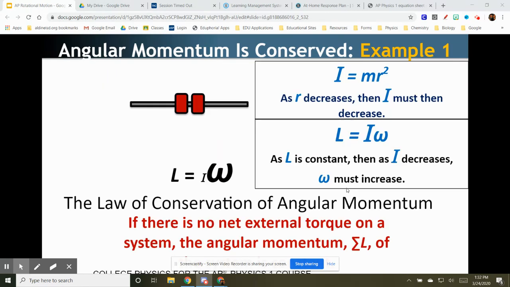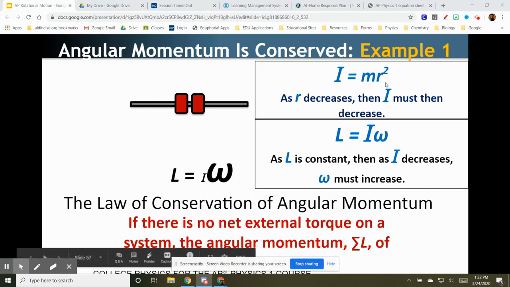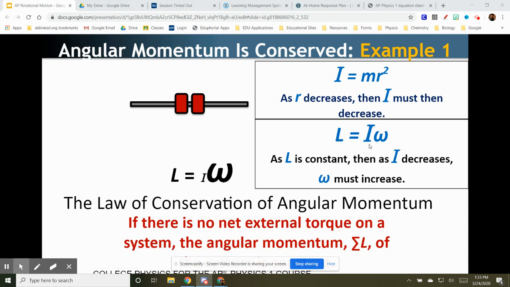Yeah, so hold on, let me go back. If you're changing your moment of inertia, then your angular velocity has to increase or decrease. So depending on how you're changing your radius, in this example, I think this is the moment of inertia for a point mass, I think they're using.